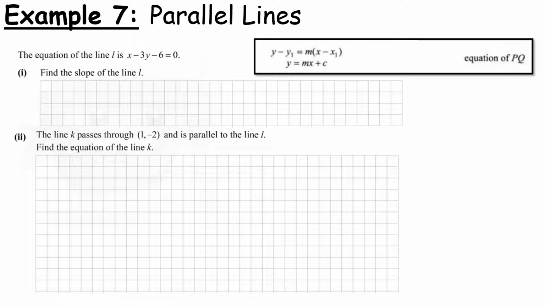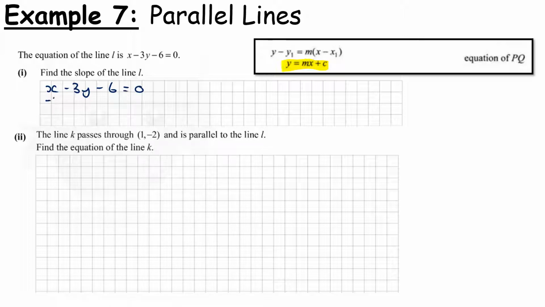So let's look at an extension of this even further to work with the idea that the two lines are parallel, but in the form of working with some of our formulae as well. So the equation of line L is x minus 3y minus 6 equals 0. Find the slope of L. So we're going to work with y equals mx plus c, but we're noting that currently it's not in the correct form. So we need to rearrange this.